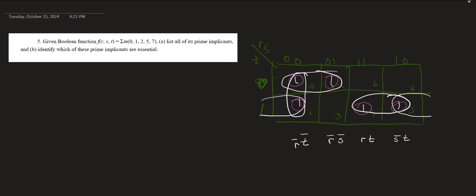And so these are not prime implicants. And we still haven't done the essential ones yet. So there's 0 prime implicants? No, there are 4 prime implicants. None of these are completely contained, and that makes them prime.